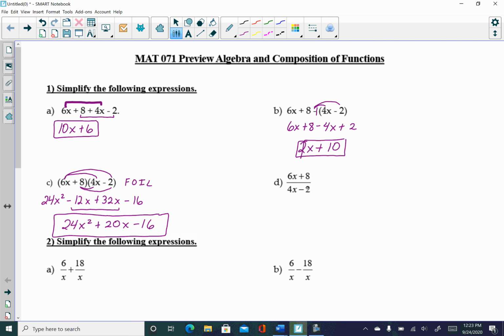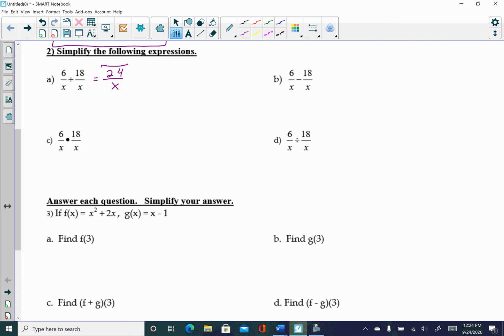So up top, 6 plus 18 is 24 over x. Final answer. Letter B, subtraction works the same way. You keep that denominator and just do the operation up top. So 6 minus 18 will give me -12. So negative 12 over x, final answer.